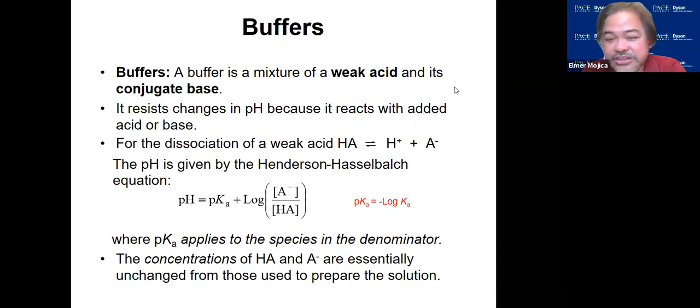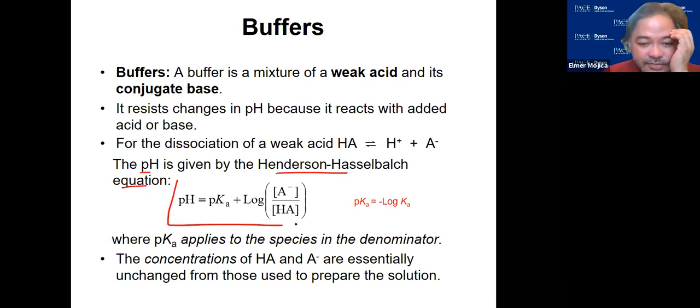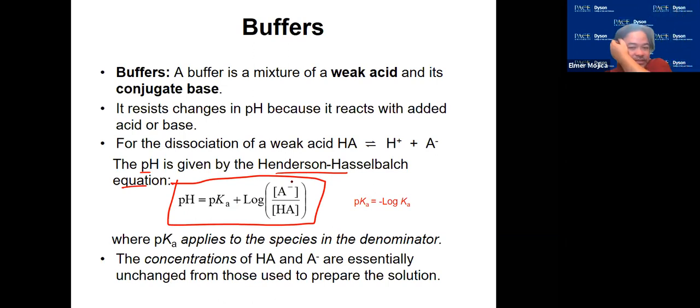So for the dissociation of the weak acid, HA producing H plus and A minus, we can determine the pH using the Henderson-Hasselbalch equation. Maybe this is not the first time you heard this equation. So pH equals pKa plus log of A minus over HA.